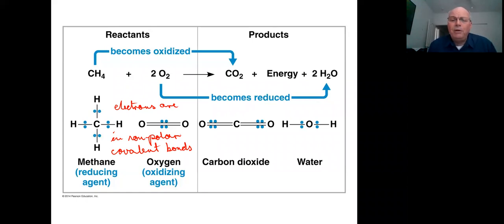We know that the covalent bonds in water are polar. And that means that the electrons associated with these covalent bonds are relatively tightly bound. These covalent bonds are not going to break very easily because of the electronegative nature of oxygen.